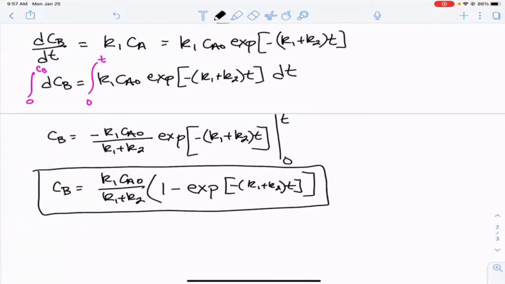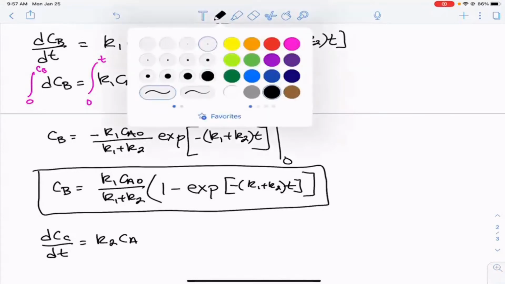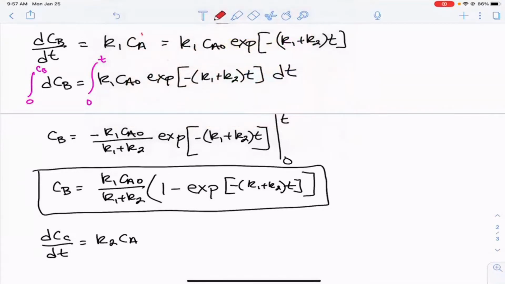Now to find C, we know dCC/dt is equal to RC, which was K2 times CA. Now, if you look at this, these expressions are very, very similar, right? This one is K1 times CA. That one's just K2 times CA. And the way that that manifests itself here was that, remember, this just ended up being K1.